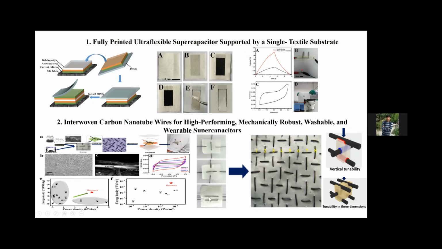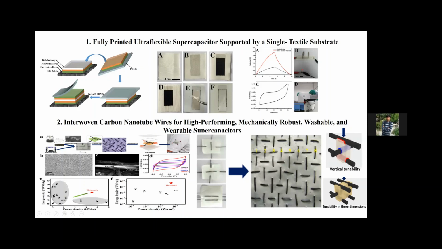This type of pattern can be seen in wearable clothes, and we can see here how many devices can be fabricated. The overall performance also shows that their energy and power density are very high.